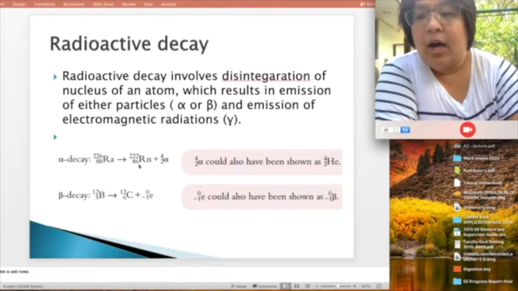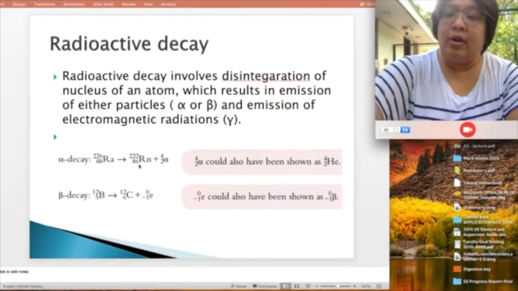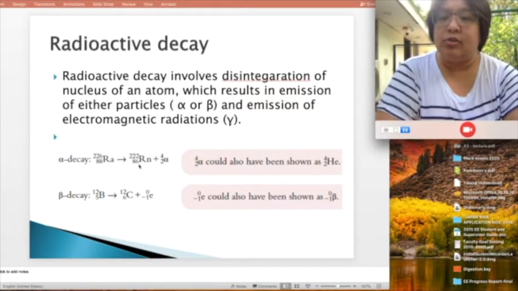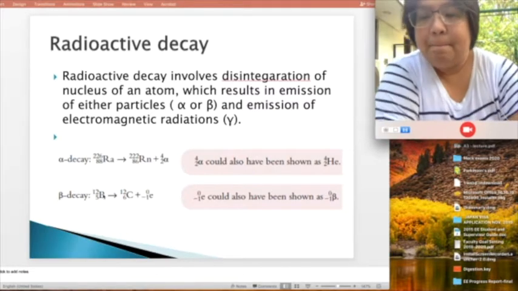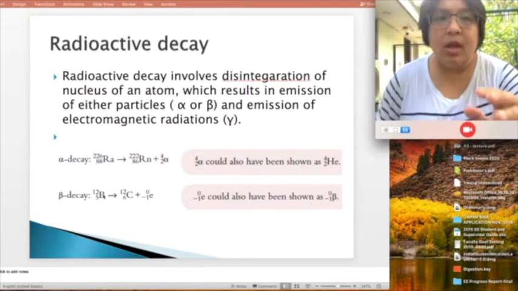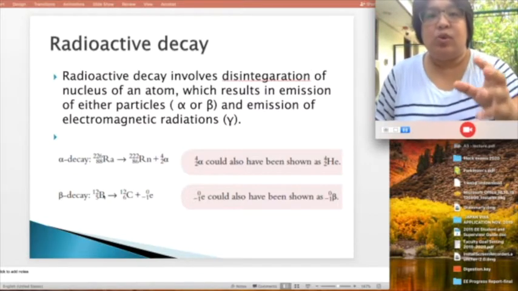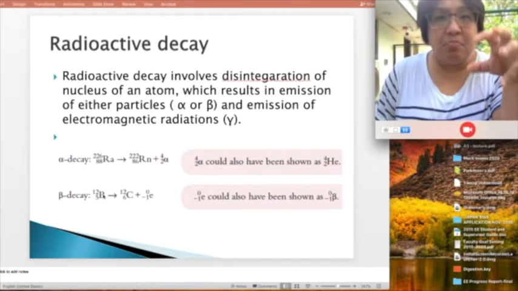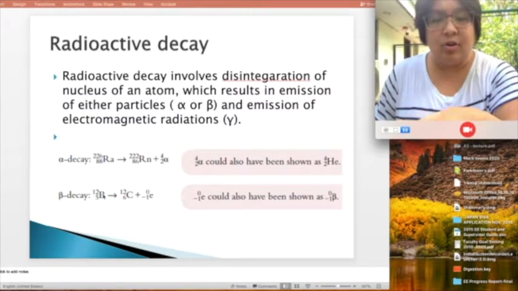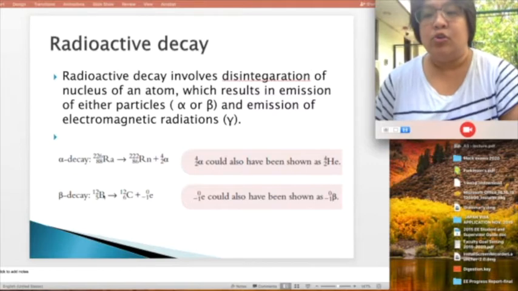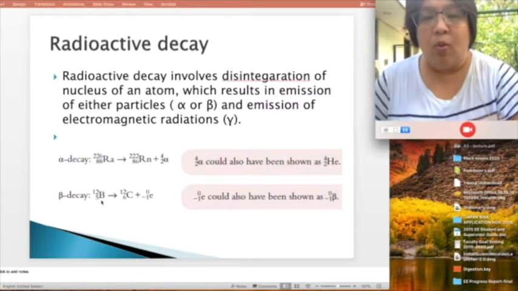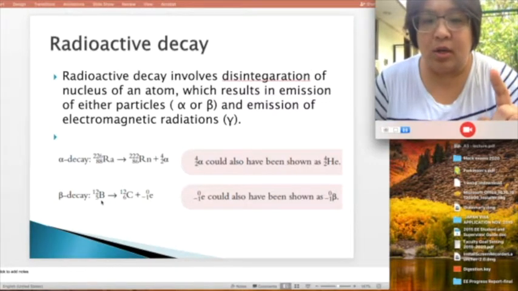Another radiation is beta radiation. When a radioisotope undergoes beta decay, listen carefully. A beta decay is when a neutron transforms into a proton and an electron. In this case, with this boron, one neutron transforms into a proton.